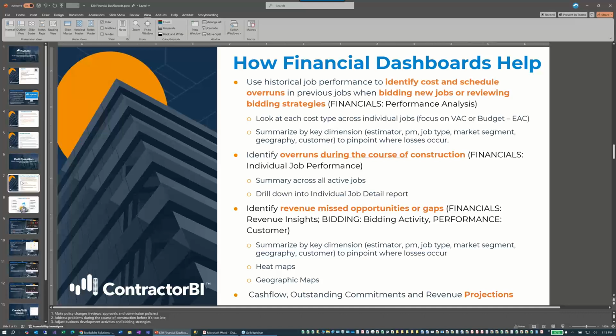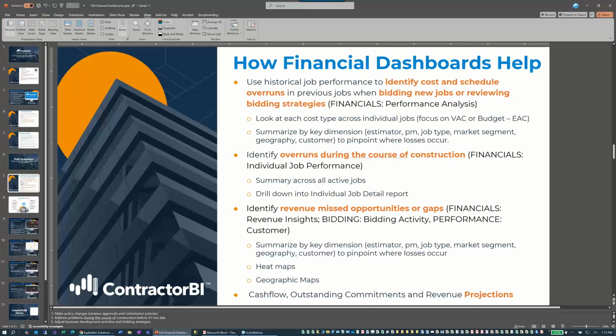And then that will influence future behavior when you're bidding new projects, or we even see policy changes with our customers, a review process, an audit process. I'm going to say this a couple times today, but they change their commission structures because people are just trying to get the job. They get their commission, but then the job loses money. I'm not saying anybody here is doing that, but we've seen it.